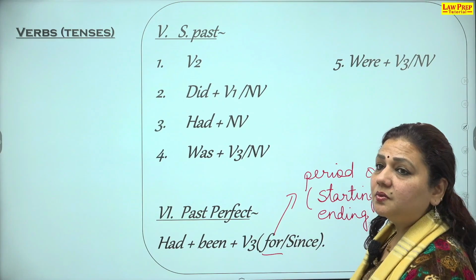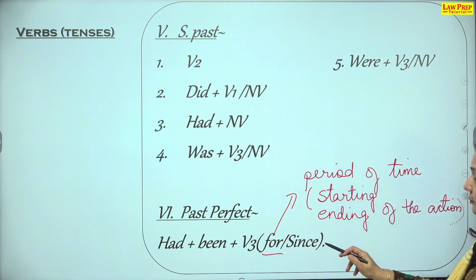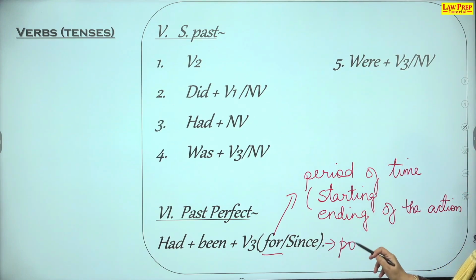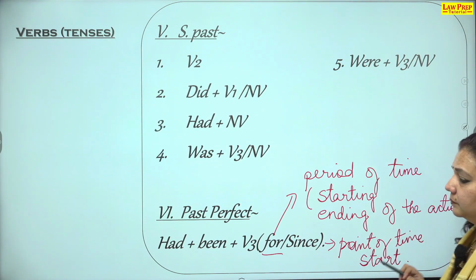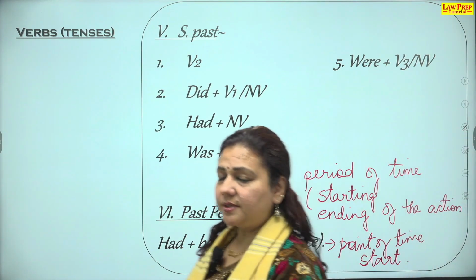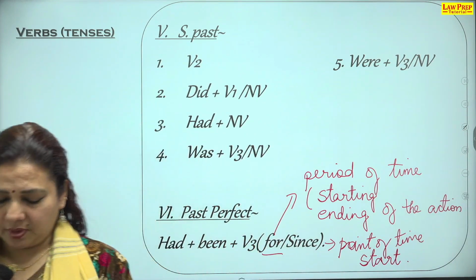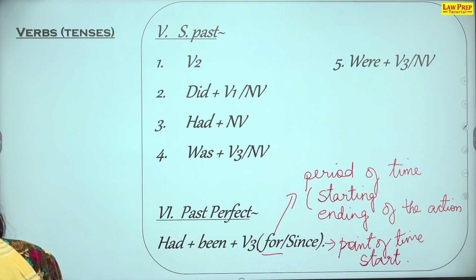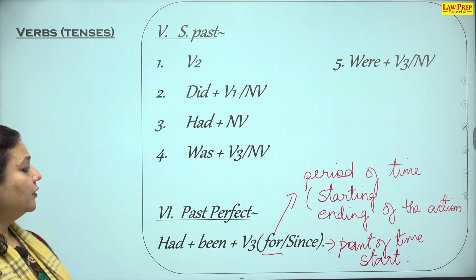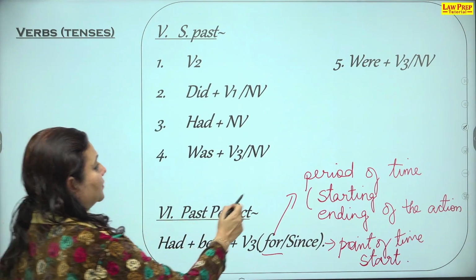And "since" is used for a point of time. That means you know only the start of the action. Right? Okay. Now turning to the usage, we have the sentence, for example, for past perfect.